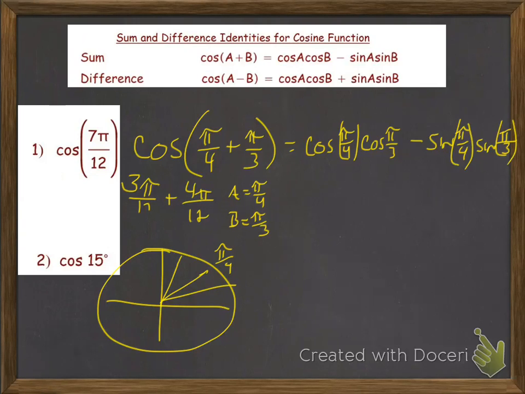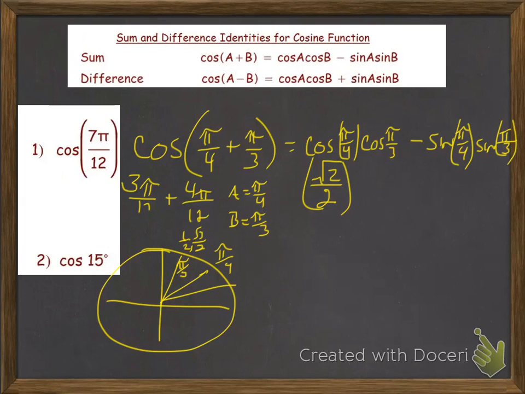The cosine is the x value, so that becomes square root of 2 over 2. The cosine of pi over 3, remember pi over 3 is here. And this is the one that's going to be a little tricky to figure out which one goes first, the 1/2 or the square root of 3 over 2.